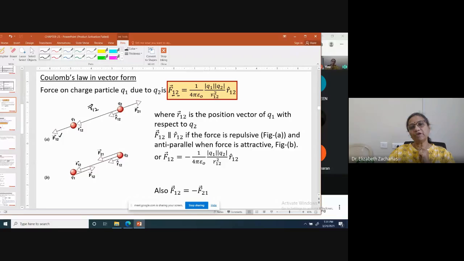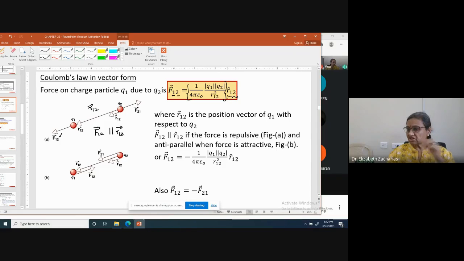It is 1 by 4 pi epsilon naught Q1 Q2 by R12 square, and the direction is the same as R12 vector. F12 and R12 are parallel to each other. But then that should be seen in the equation. So what we do here is we give the direction. This is the magnitude, and this is the direction.